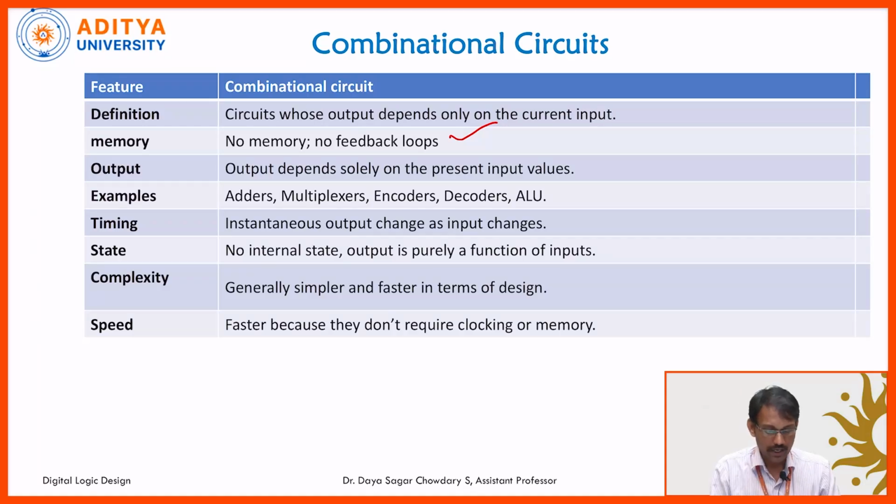Complexity is very simple, and speed is faster, because no loop is there and they do not require clocking and memory. If there is no clock, these devices will work fast.